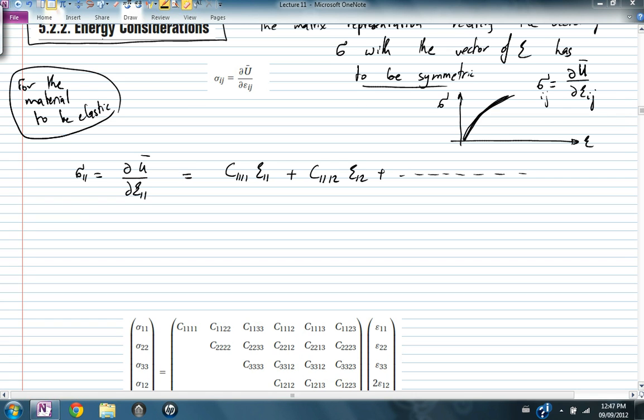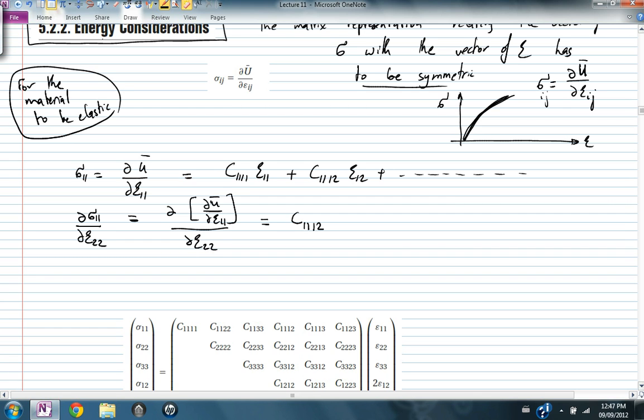So, partial sigma 1 by partial epsilon 2 is equal to the following. Partial of the above, which is equal to C1112.